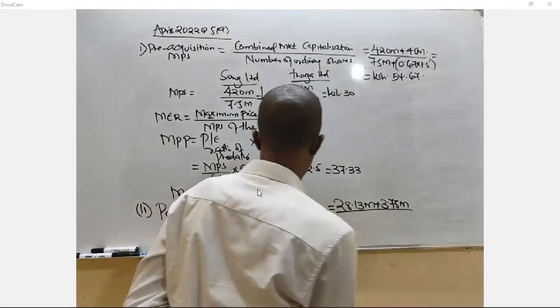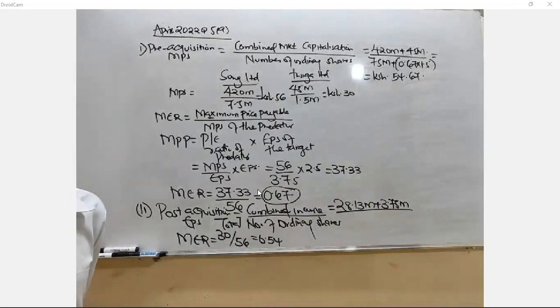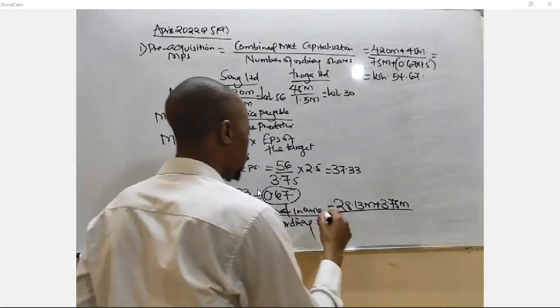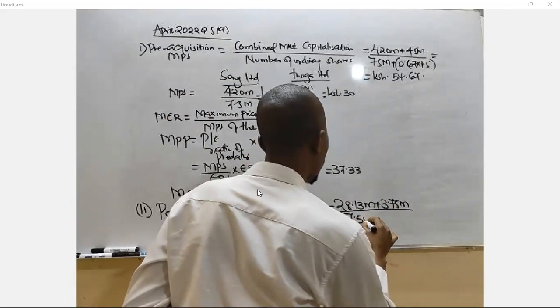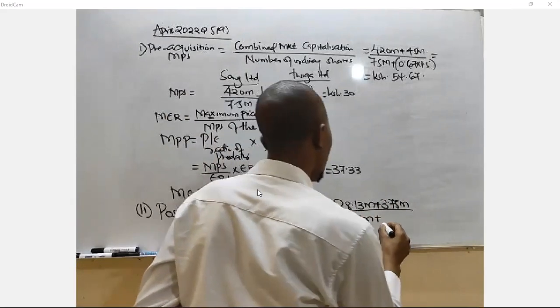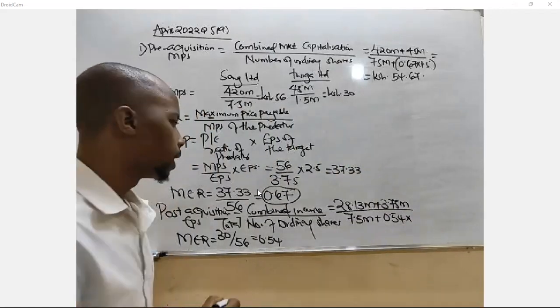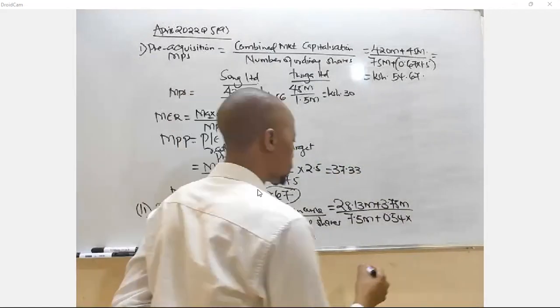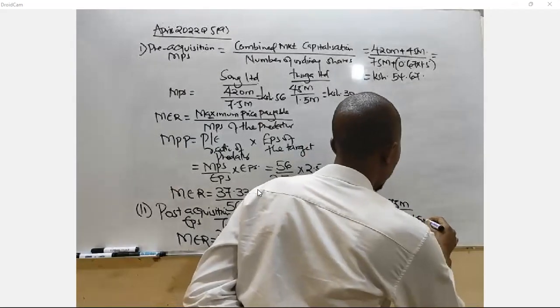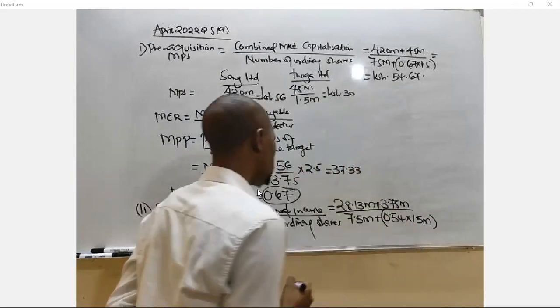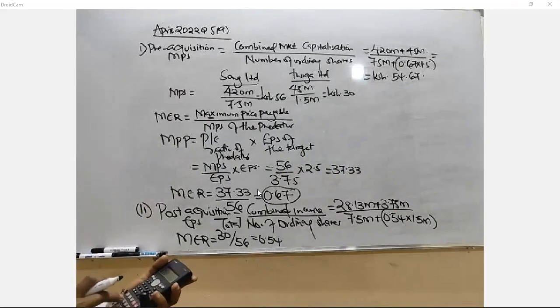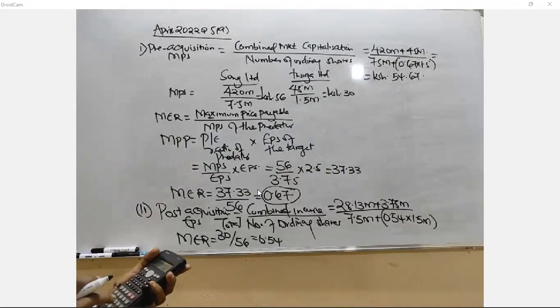Then you divide it by the total number of ordinary shares: 7.5 million for the predator plus 0.54 multiplied by the target's 1.5, which gives 8.31.